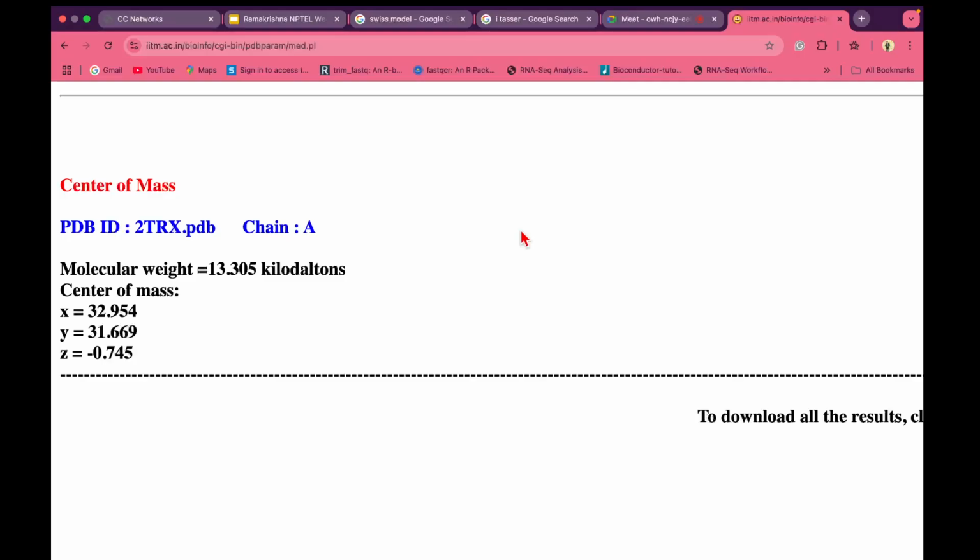So you can upload your structure and perform identification of binding sites. Any structure we can upload, in acceptable PDB format. Okay. Thank you, sir.